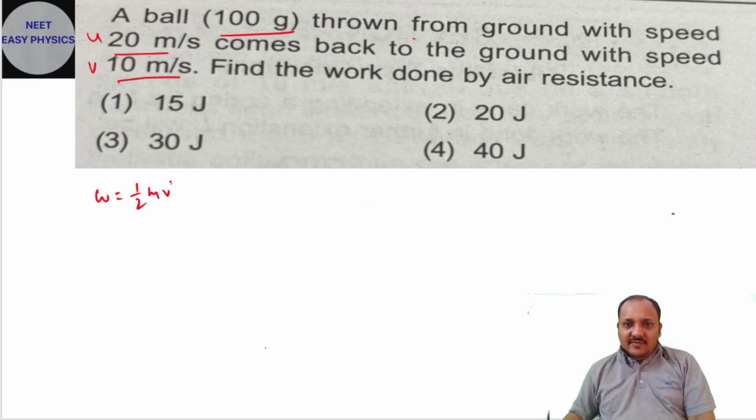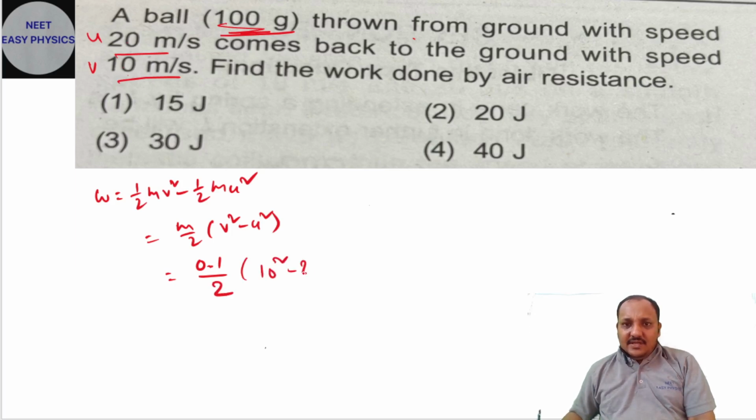Therefore, half mv square minus half mu square. So m by 2 into v square minus u square. What is the mass value they gave? 100 grams means 0.1 kg, divided by 2, into what is the final velocity? 10 square minus 20 square.